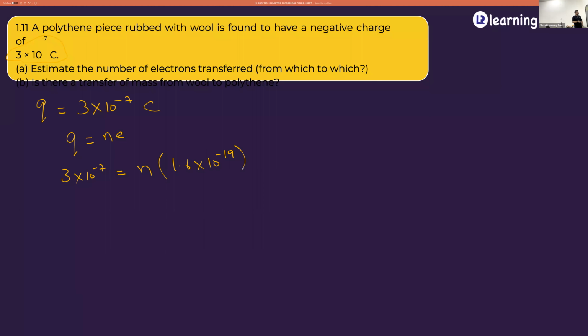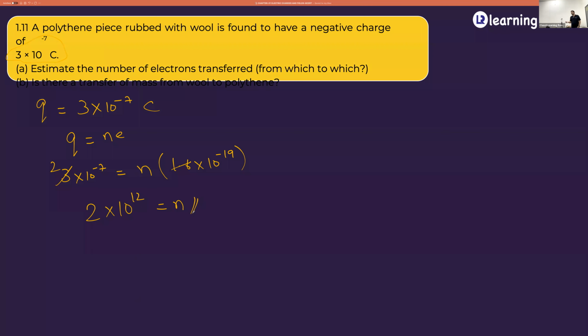Here we can approximate this 3 to 3.2, so it is going to be somewhere around 2. The 10 power minus 19 goes to the other side as 10 power 19, and 10 power 19 into 10 power minus 7 is 10 power 12. So 2 into 10 power 12 is the number of electrons.